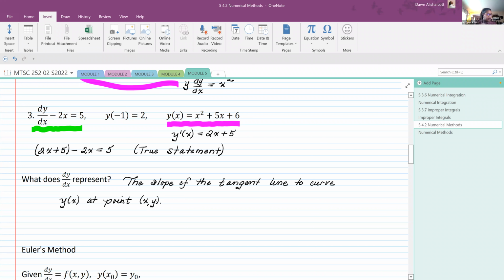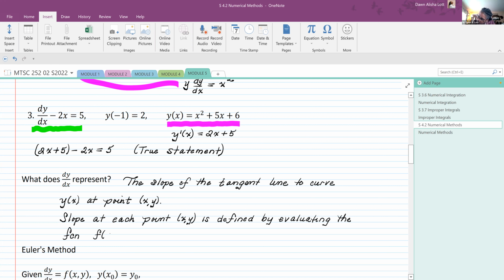But it also says that the slope at each point (x, y) is defined by evaluating the function f of x, y at the point (x, y). Okay.